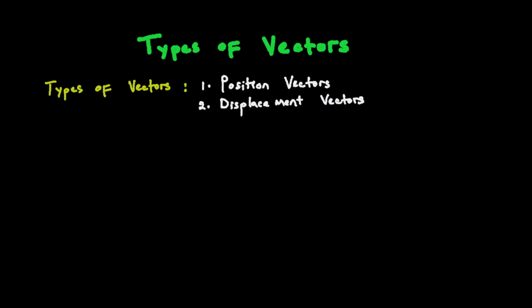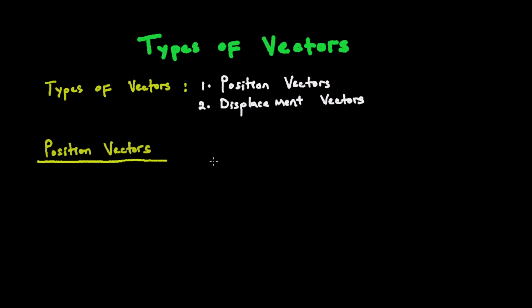So let us start with position vectors. So we will write word definitions to define what position vectors are. Then we are going to reinterpret mathematically.